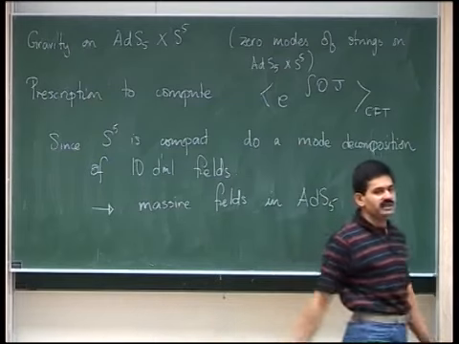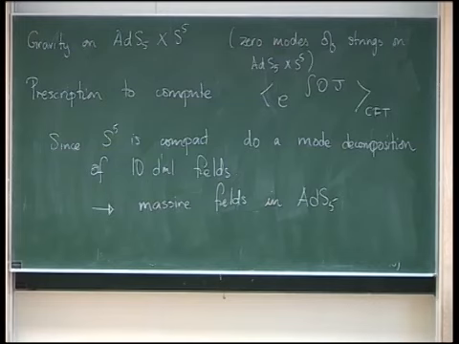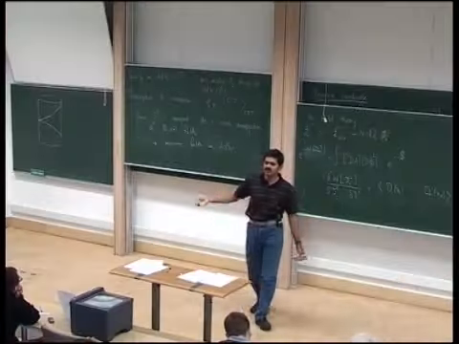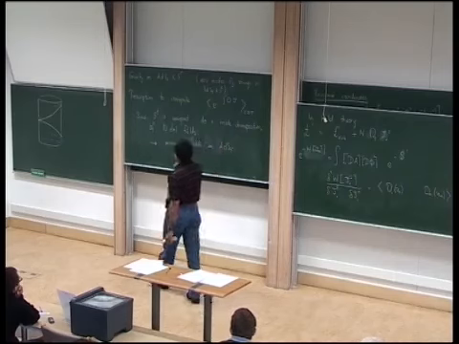And all that buys me is extra mass terms coming from higher harmonics of various fields on the S5. So this is nothing but standard Kaluza-Klein reduction, not done on a torus, but done on a sphere.